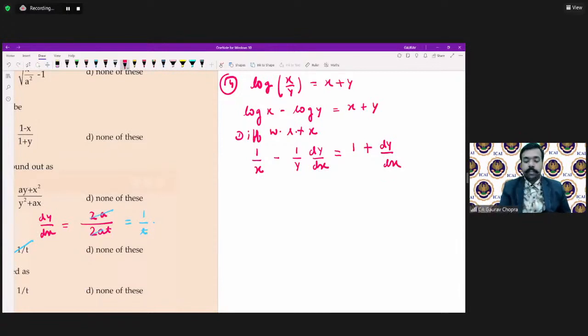So we can take dy by dx on one side and the remaining on the other side: 1 by x minus 1 equal to dy by dx plus 1 upon y dy by dx. So finally the result will be 1 minus x upon x. dy by dx can be taken as common.